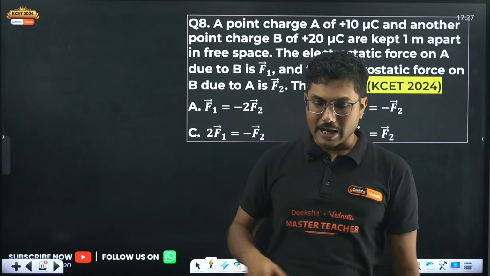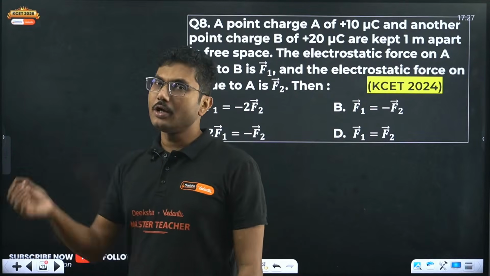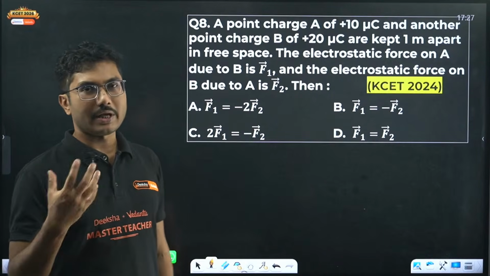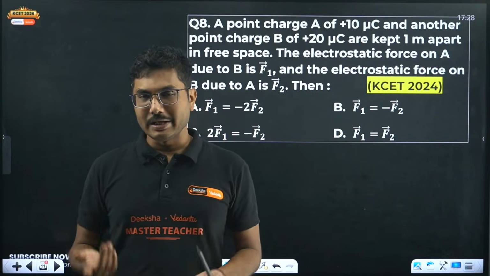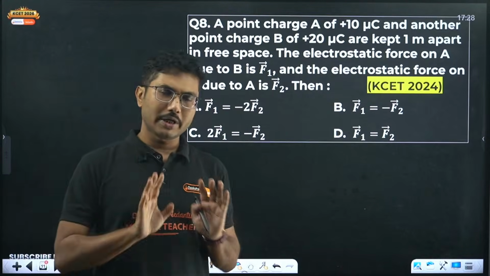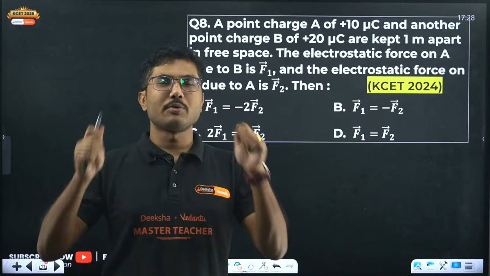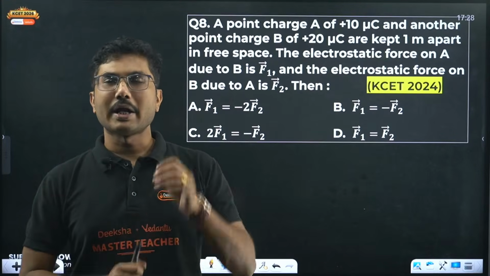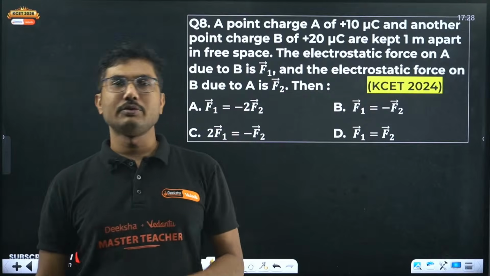If you feel, okay, I know the formulas, I should try to solve it, then solve it. If you feel you will not be able to solve it, it is very lengthy, or maybe you don't know the formulas, skip those questions. Nobody is asking you to score 60 out of 60. You can guess that answer and move on to the next question.